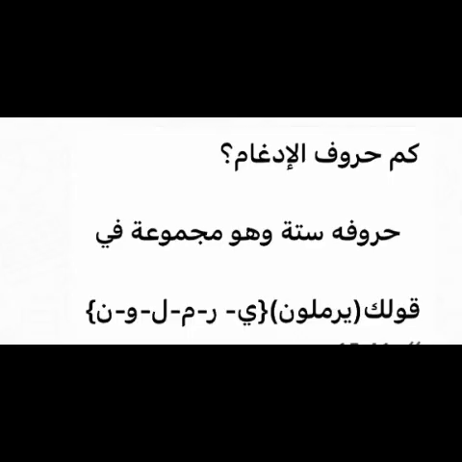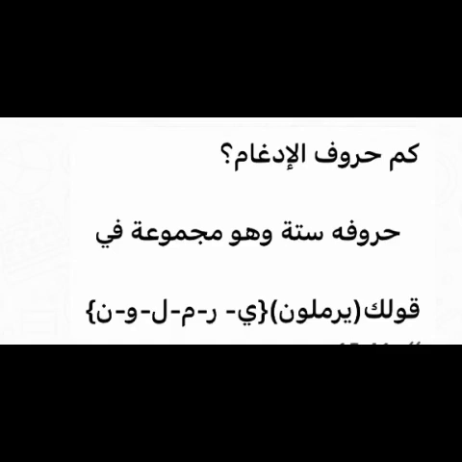كم حروف الإدغام? How many alphabets does idgham have? Please, if you are yet to listen to episode 6, do well to listen to it. Idgham alphabets are 6, like that of idhar.